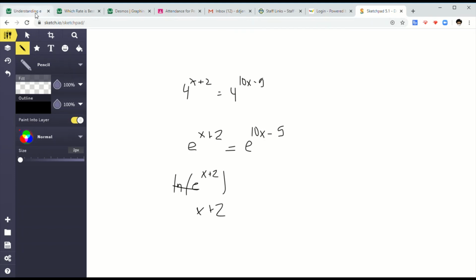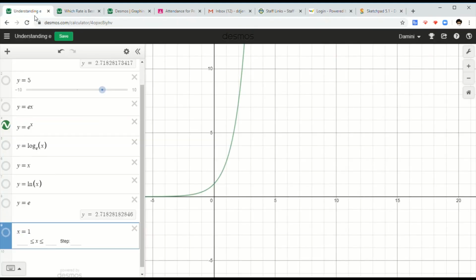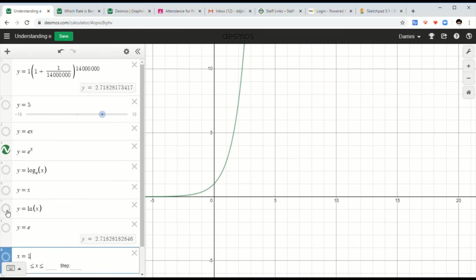But I feel like I'd be doing you a disservice as a math teacher if you didn't ever know about natural log and E. So the last thing I want to show you is the natural log and E working together, because the same idea of exponentials having an inverse, which is their log functions, E also has an inverse, which is the natural log function.